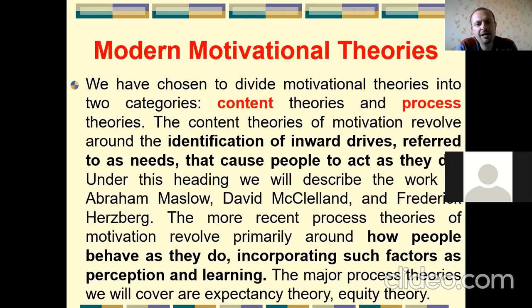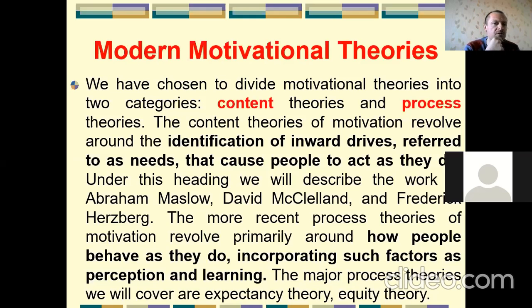In our management Bible, Fundamentals of Management by Meskon, Albert, and Khedouri, we will find more theories. But from my point of view, it's completely enough to understand 5 main theories of motivation. From content theories, we will speak about Abraham Maslow's pyramid, about 3 groups of factors by David McClelland, about 2 groups of factors by Frederick Herzberg.